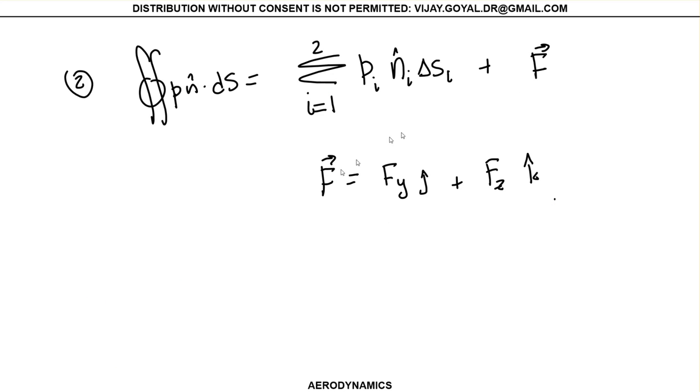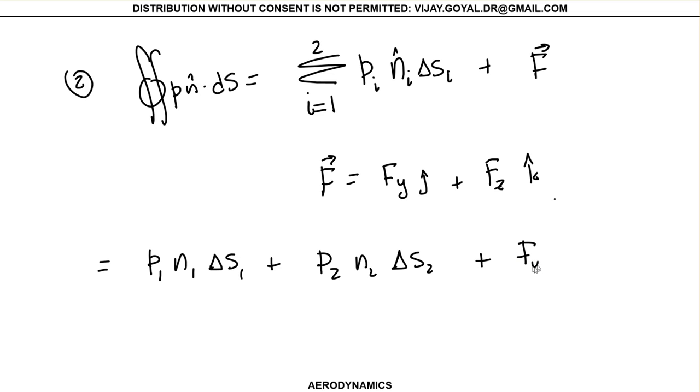So in the most general case, this will be P1 N1 delta S1 plus P2 N2 delta S2 plus F_y j plus F_z k. Now we know all these quantities.